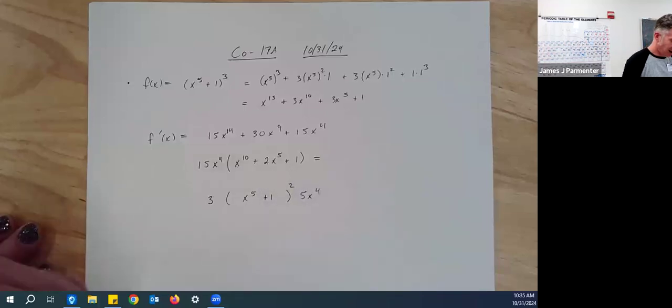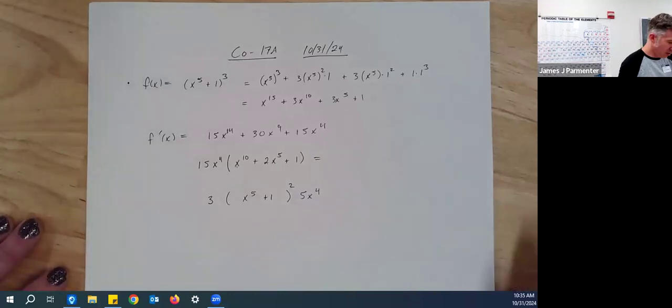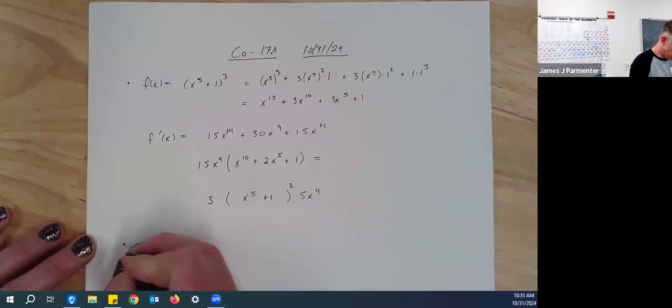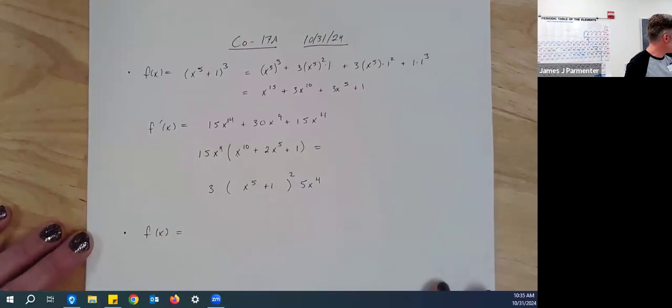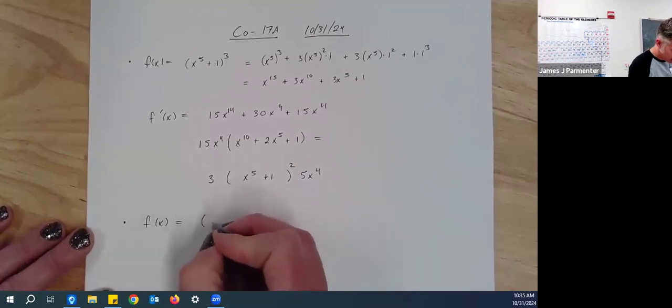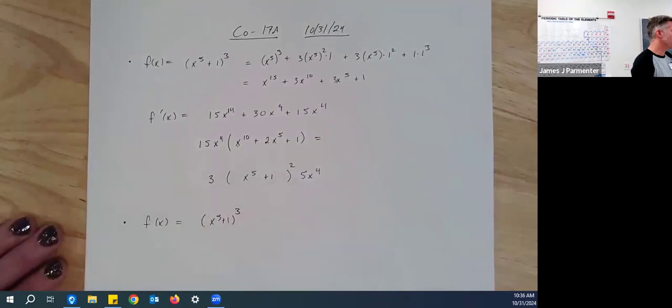Cool. Another way of doing this, using the chain rule, would have been to say, great, if my function is f of x equal to, listen to the words I'm going to say for a second, some stuff to the 3rd power, I like to use the word stuff a lot here.